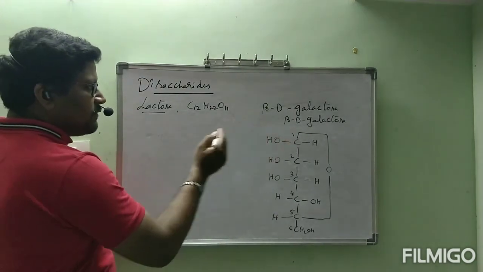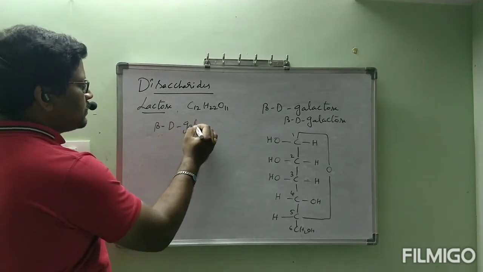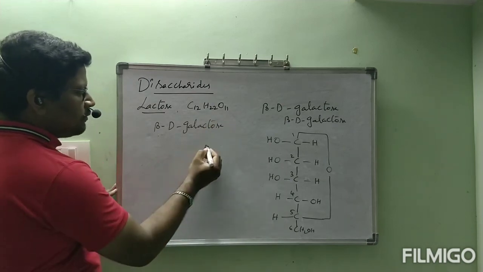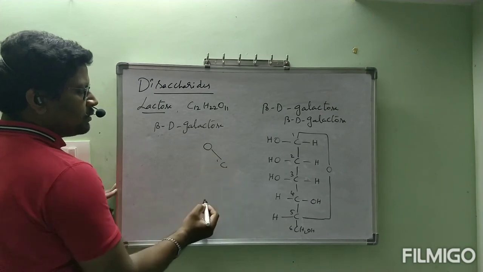This is written as Haworth structure, beta D galactose. In the Haworth structure I am writing with oxygen, right side first carbon.